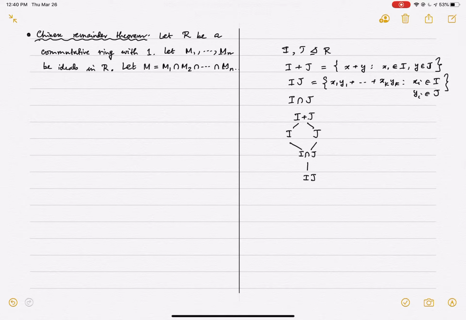The key assumption is that if you take any two of these, then they generate the whole ring. That is, mi plus mj, which is the smallest ideal containing mi and mj, is the whole ring for any pair i and j unequal.